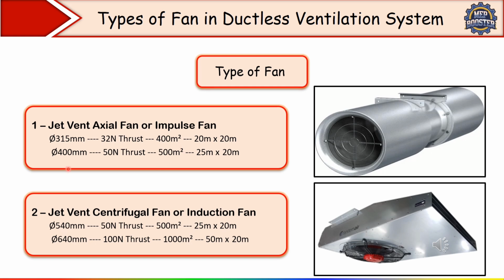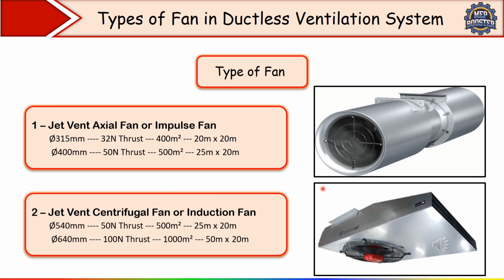If you are using this axial fan of 50 Newton thrust, it will cover 500 square meter area, and the diameter of that fan is 400 mm. So this is about the jet vent axial fan or impulse fan.